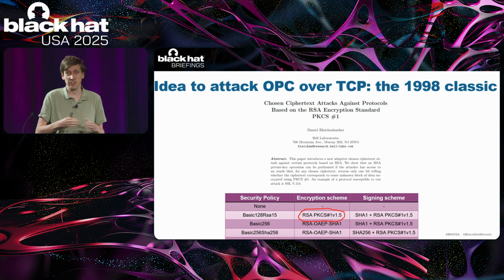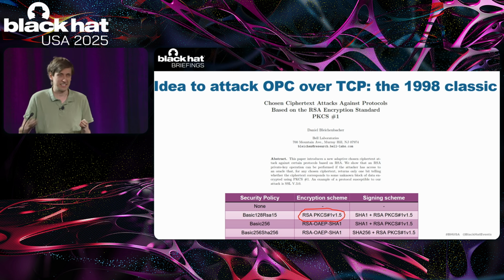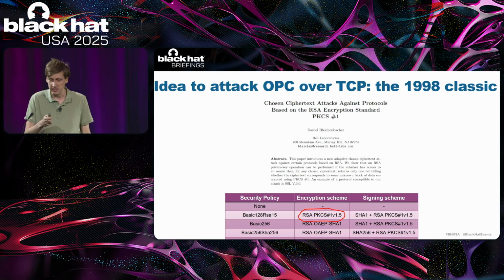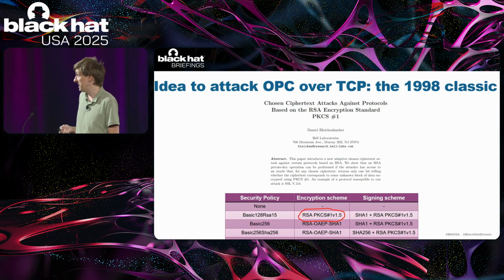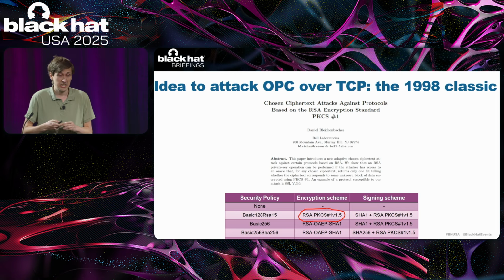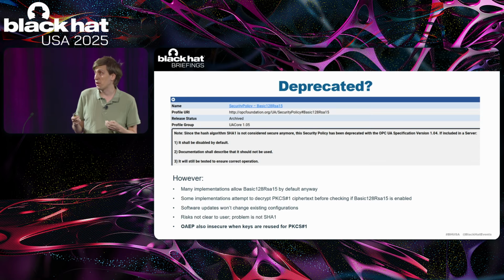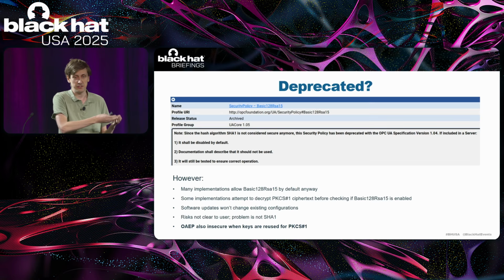But for some reason, a lot of protocol designers since didn't get the memo and still kept using this particular RSA padding scheme. So it may be worthwhile to see if we can actually exploit these well-known vulnerabilities in the context of OPC UA.